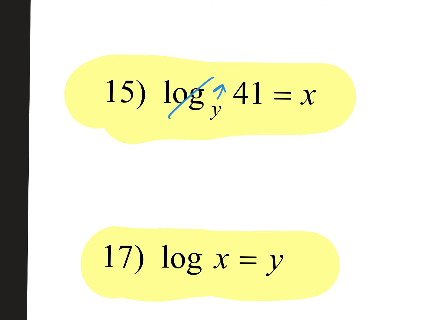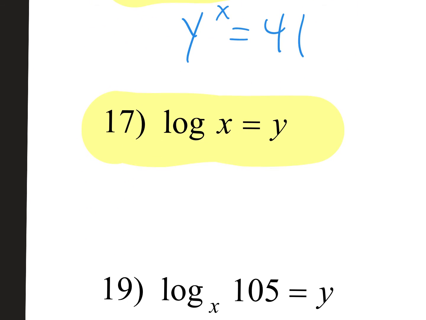Y, a big Y, to the what power? Equals? 41. Perfect. Good. 17. Always got to throw in a trick. Isn't it 10? Yeah, it is 10. Very good. If there's not a little number right here, guys, we know that it's log base 10. So if you want to, go ahead and write a 10 so you can see it.